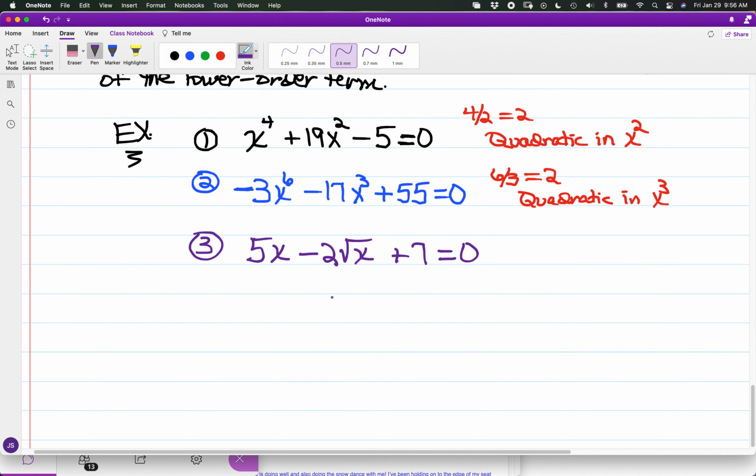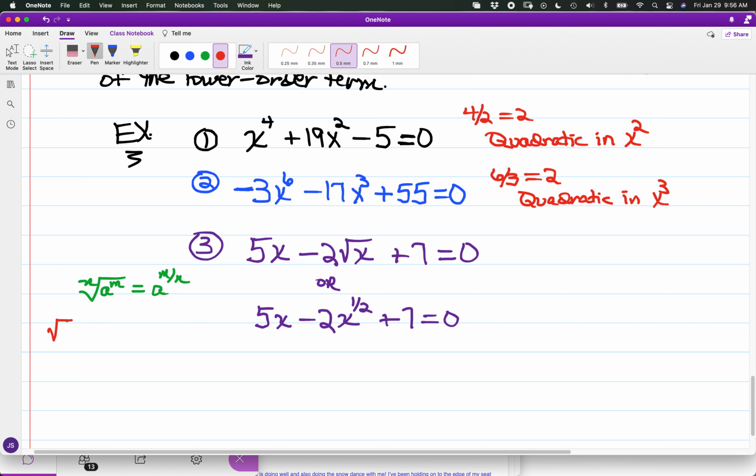Now, again, another way to write this: you have 5x, and for the square root of x, if I wrote this as an exponent, you have minus 2 times x to the 1/2 plus 7 is equal to 0. Again, just re-emphasizing, you have the nth root of a to the m is equal to a to the m over n.